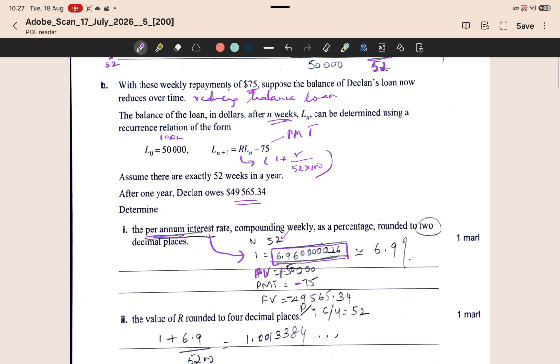And when you tap on I, you get the value 6.96 followed by 5 zeros, 26, which is approximately 6.9%. Now here they have said rounded to 2 decimal places, so you should be writing 6.96%.